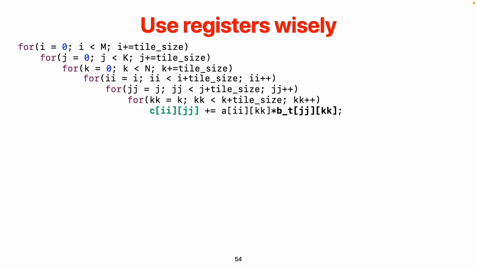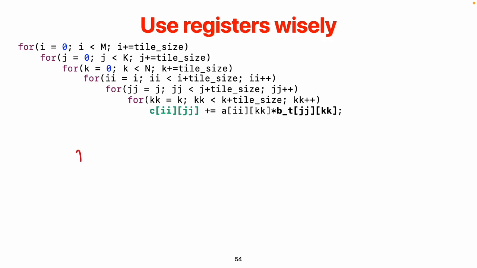Even an L1 access, even though it's a hit, how many cycles would it take? Around 5 cycles. What about other instructions? 1 or even lower, right? So if we could avoid memory accesses, we should avoid.